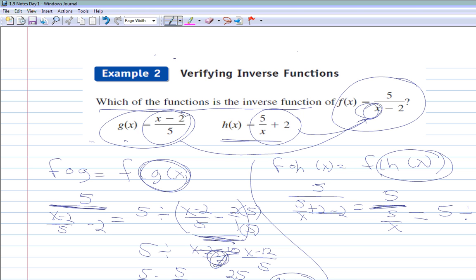And now we're going to multiply by the reciprocal, so we're going to say 5 times x over 5. I put a 1 over this, my 5's will cancel, and this will equal x.